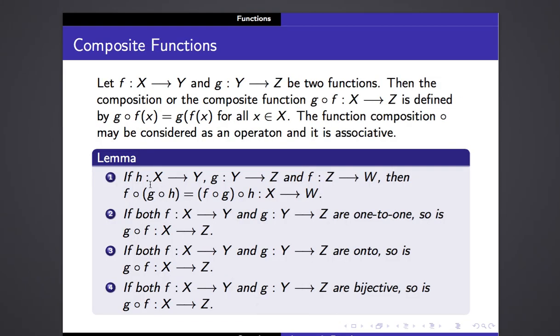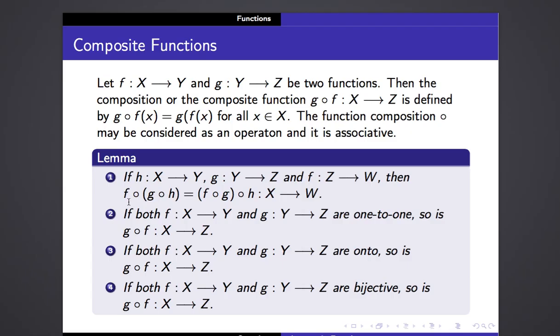So here is a lemma. We actually have four lemmas put together. First lemma: if h is a function from X to Y, g is a function from Y to Z, and f is a function from Z to W, then the associative law holds, like I just mentioned.